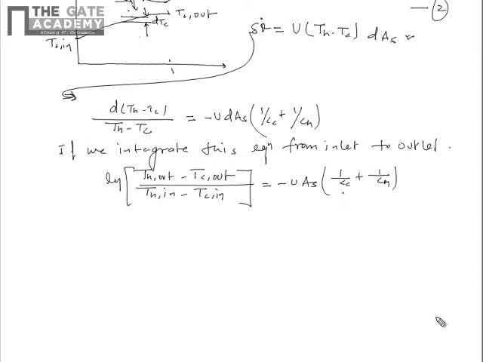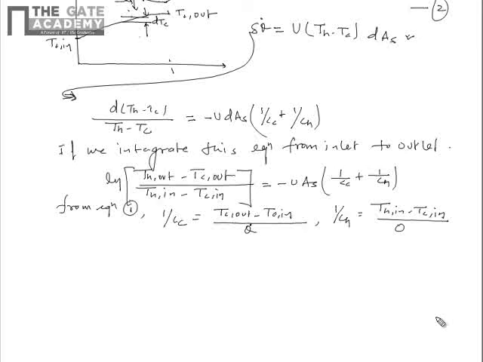And from equation 1, we can write 1 upon Cc is equal to (Tc out minus Tc in) divided by Q dot, and similarly, we can write 1 by Ch is equal to (Th in minus Th out) upon Q dot.